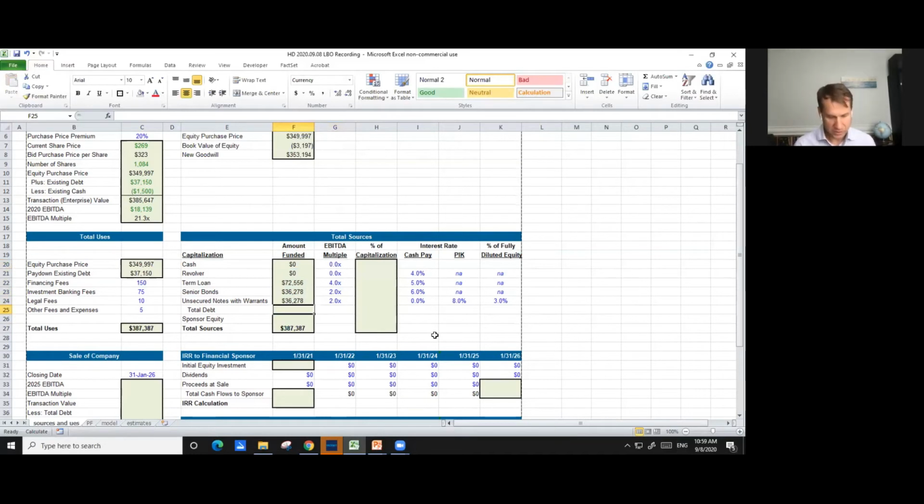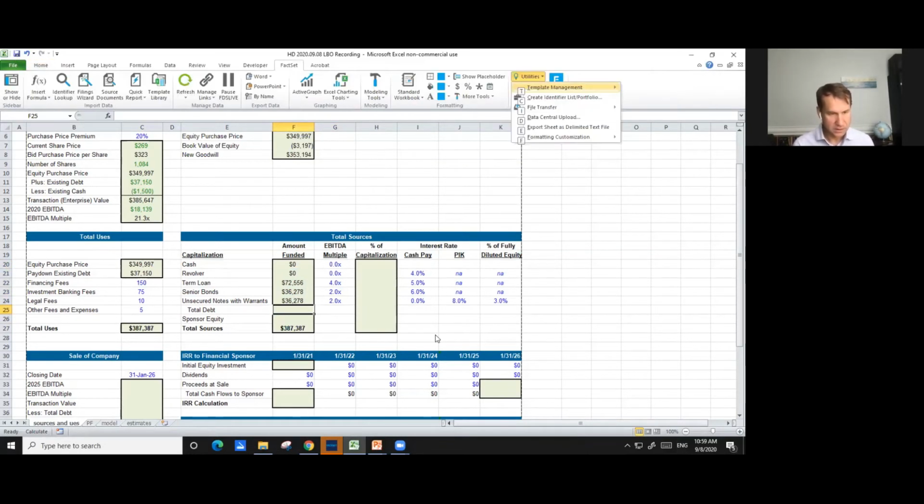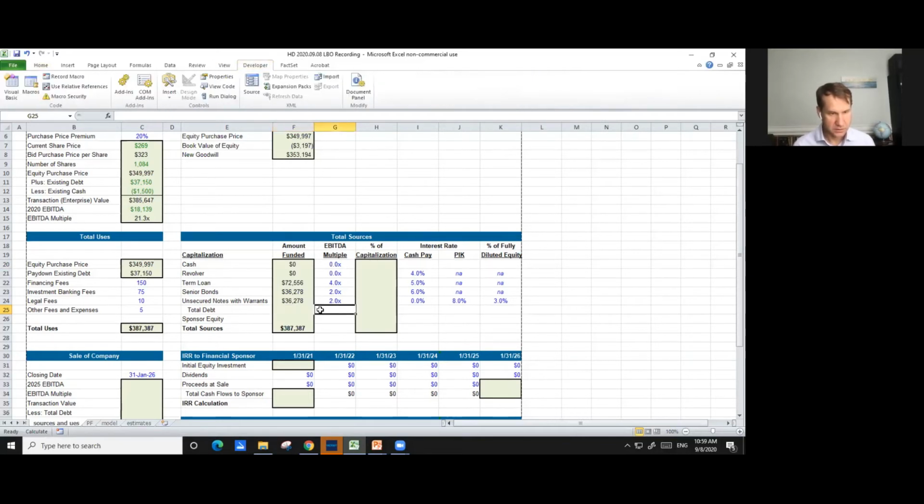Total debt is the sum of revolver, term loan, senior bonds, and unsecured notes. And then sponsor equity, that's very interesting. It'll be total sources minus total debt minus cash, if we had any cash. So the sponsor equity is like a plug. It has to come in with the difference.